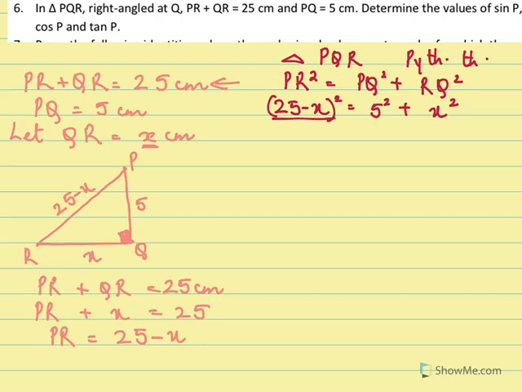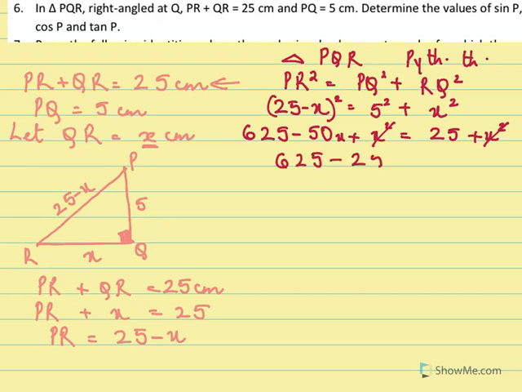So out here we will do a minus b the whole square, a square plus b square minus 2ab. And that is 25 square, which is 625, minus 2ab will be 50x, plus x square, equal to 25 plus x square. So x square I cut. And here I get 625. I bring the 25 on this side, minus 25 equal to 50x.